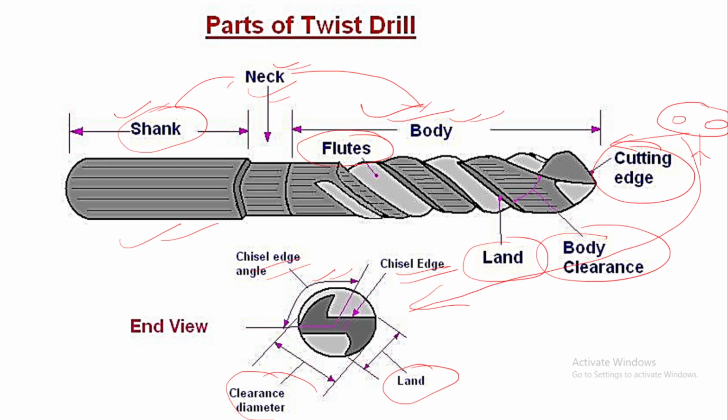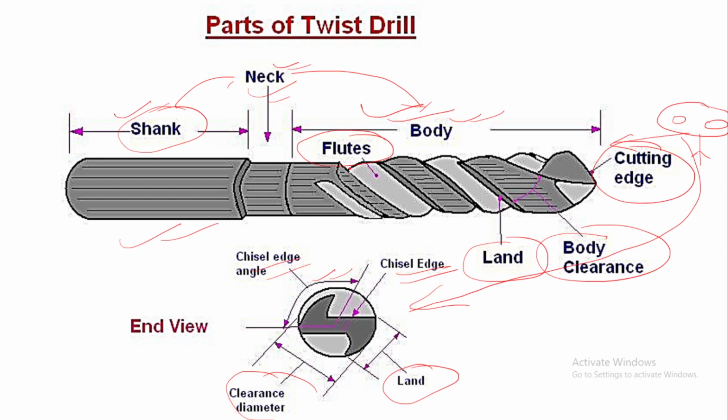The flute is provided for the chip movement, for the chips to get outside from the drilling hole, so that there will be no hindrance during the entire drilling operation. So this was regarding the complete drilling operation, how a drilling machine looks, and how the twist drill looks. The geometry is important, along with the parts.